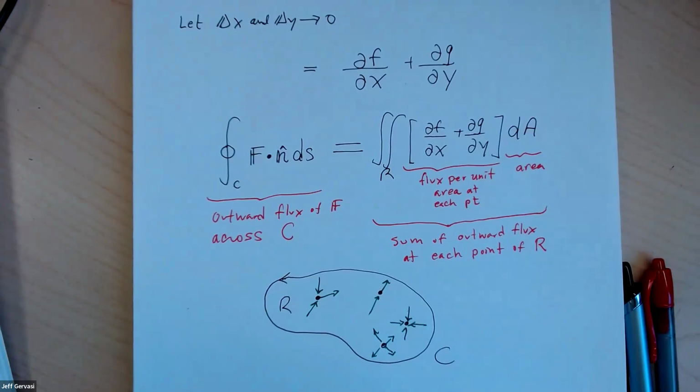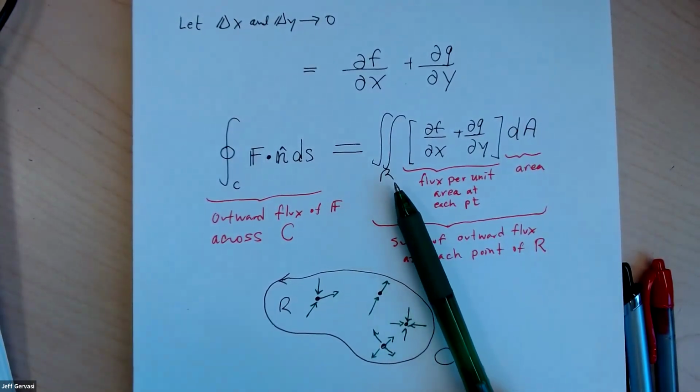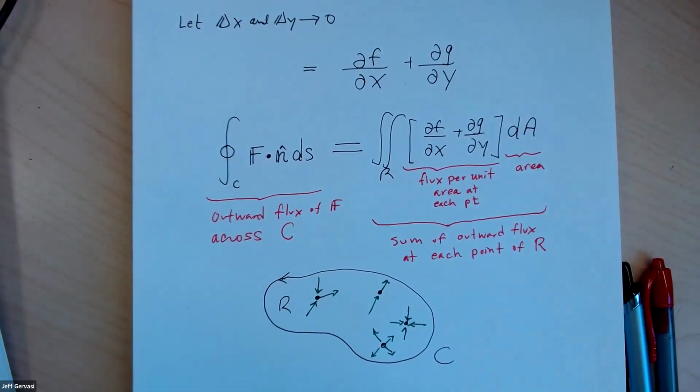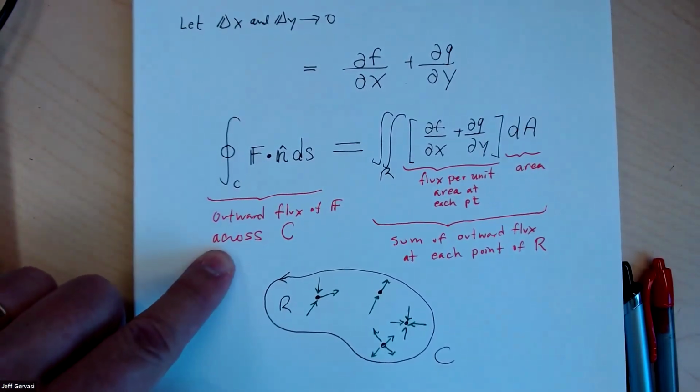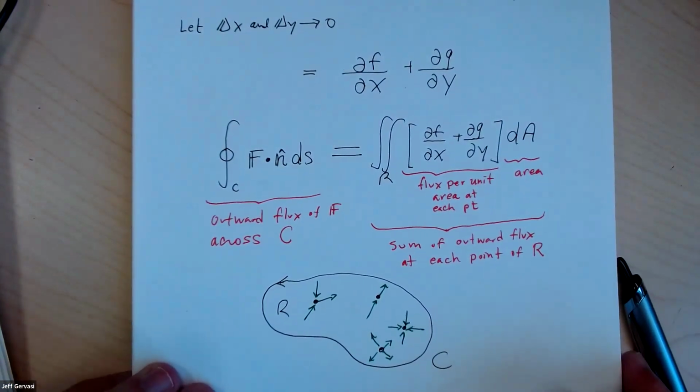What is the outward flux from point to point within the region R? Well, there's an infinite amount of those points, so what we do is we sum them all up with an integral. The net amount of fluid that's moving into and out of those points within the curve is equal to the net amount that's crossing the curve. And that's what Green's theorem tells us in the flux form.